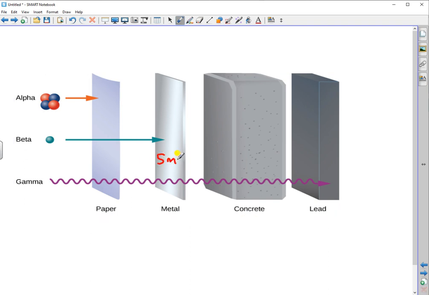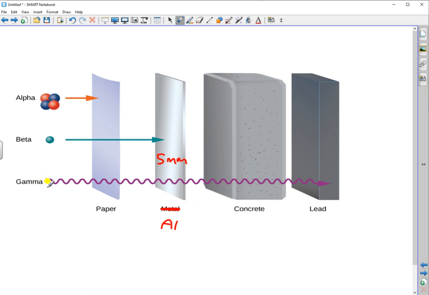So it will go through really thin aluminium, but if we think about this, not metal, we normally say aluminium in the exams. So a sheet of aluminium about 5 millimeters thick, half a centimeter, is enough to stop beta radiation. It will go through something the thickness of tin foil, for example, but a lot of it will be absorbed. But 5 millimeters of aluminium is enough to stop beta radiation.